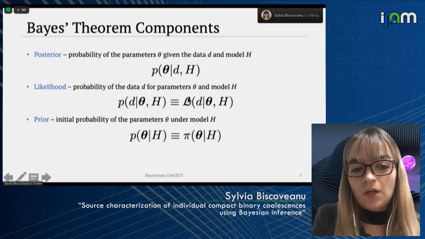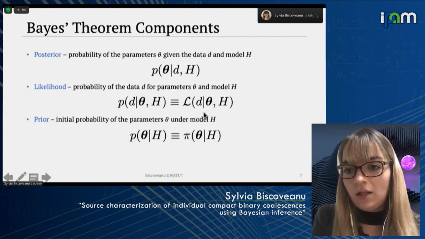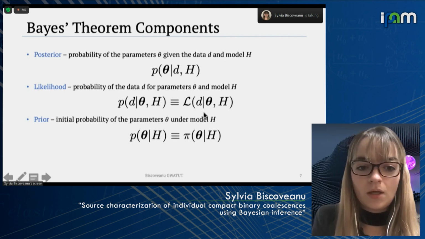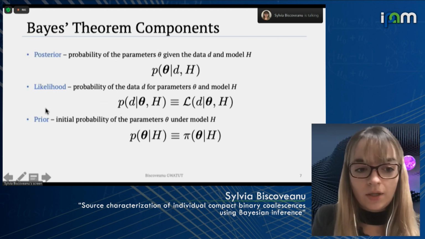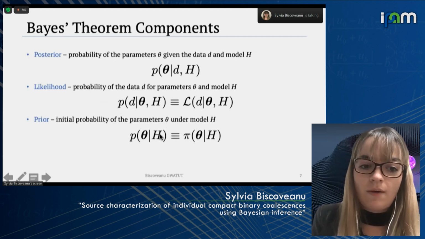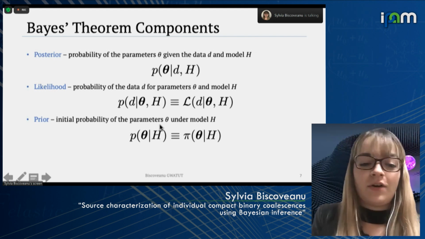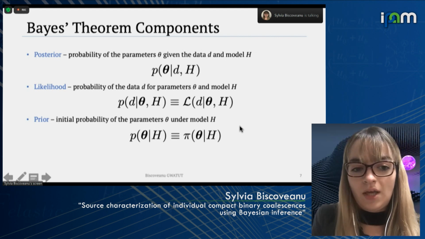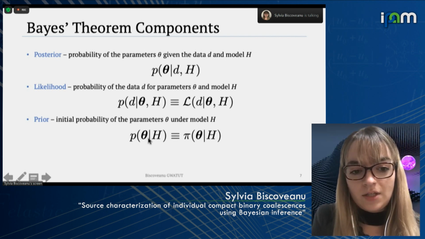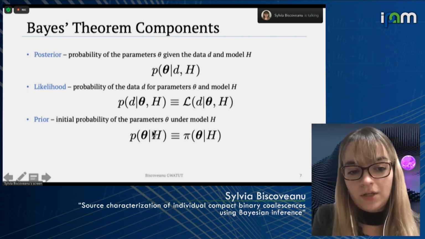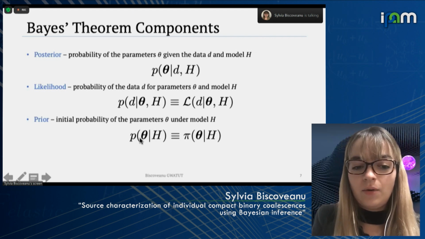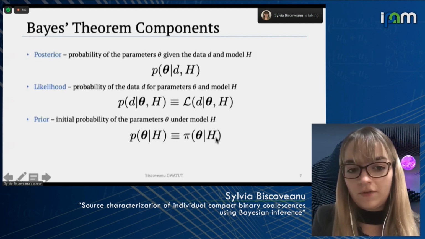For the rest of the talk, I'll use this cursive L to denote the likelihood. The other component in the numerator is the prior, which is just the initial probability of the parameters theta under our model H. And this notation with the conditional bar just indicates that whatever's on the left depends on whatever's on the right.